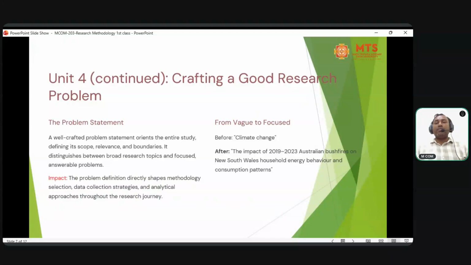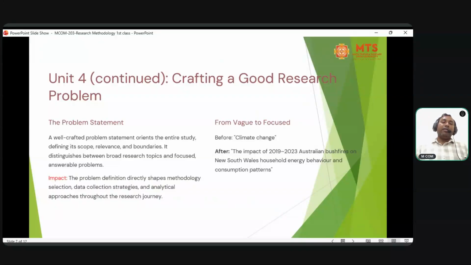From vague to focused: before, climate change; after, the impact of the 2019 to 2020 Australian bushfires on New South Wales household energy behavior and consumption patterns.